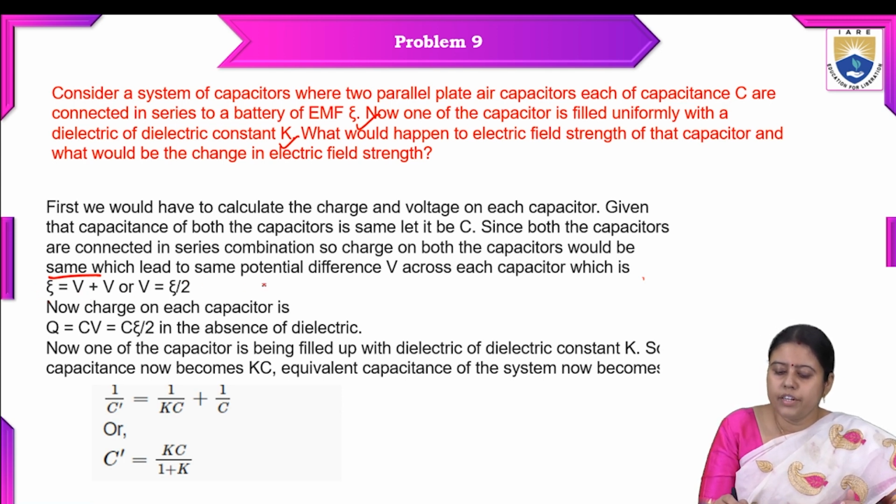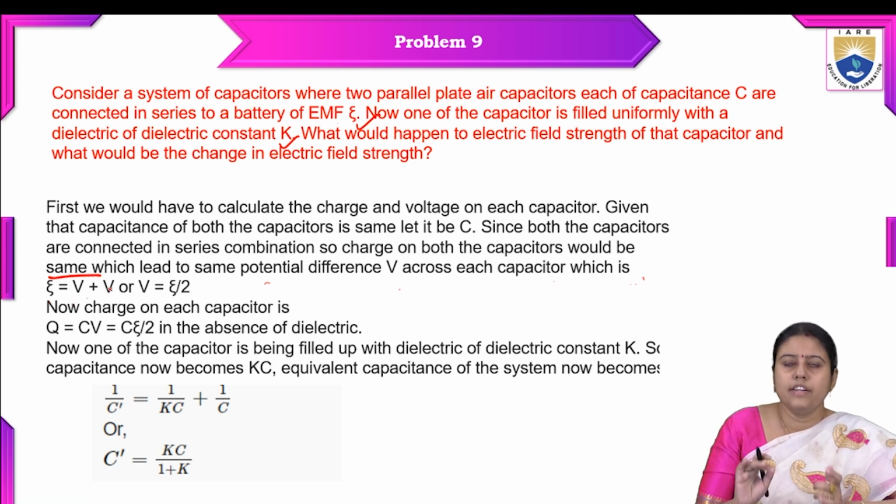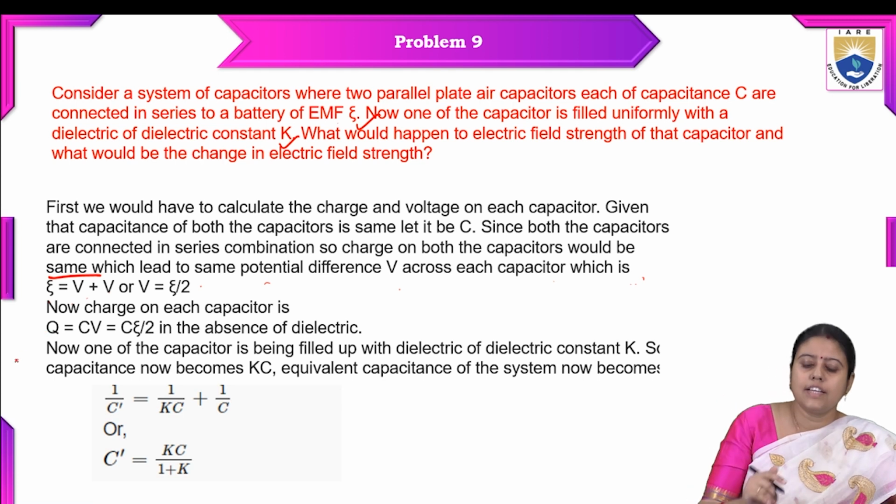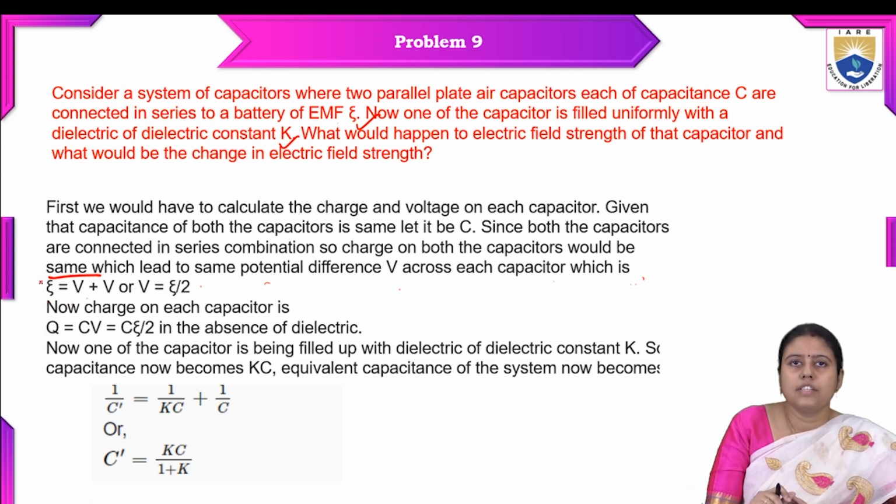The potential difference V across each capacitor is Xi by 2. So the charge on each capacitor is C Xi by 2 in the absence of the dielectric.